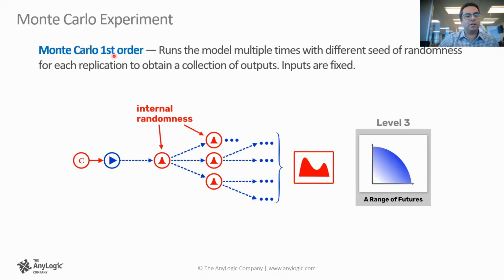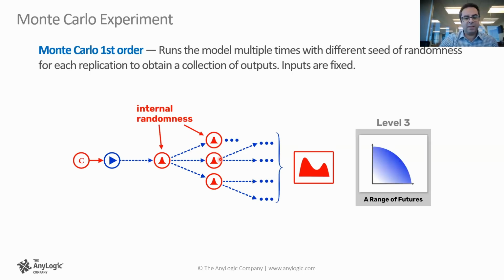Next is Monte Carlo experiment. We start with the first order Monte Carlo. The scenario that you're looking at here is when you have a model that has inherent or internal randomness, and that's pretty substantial, or we care about that.